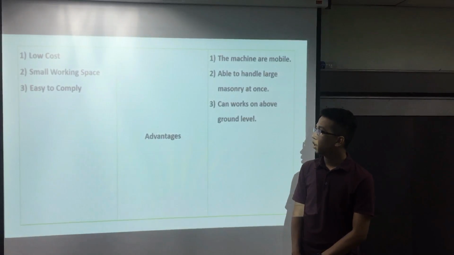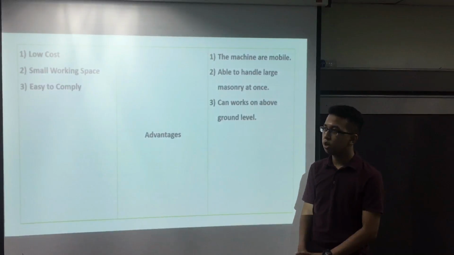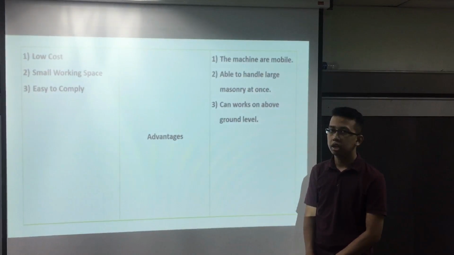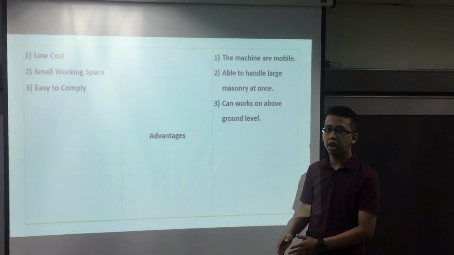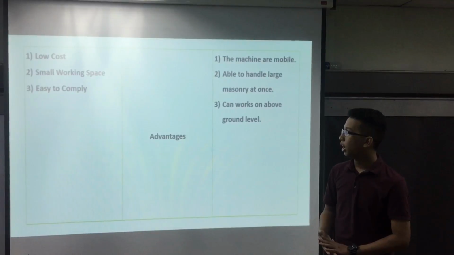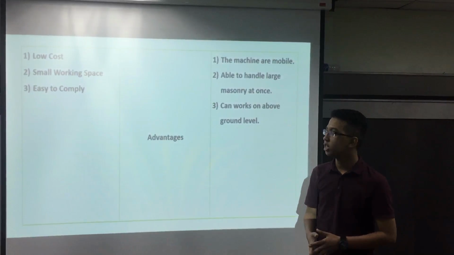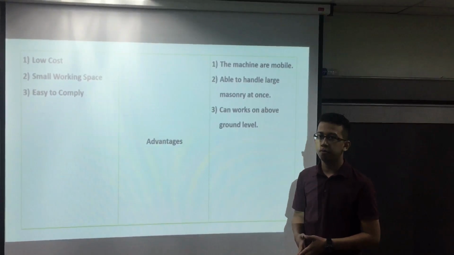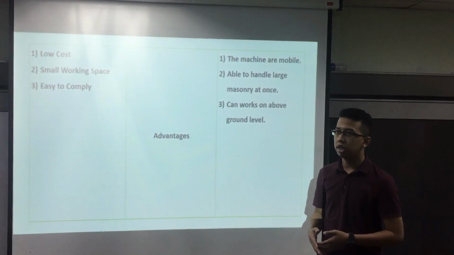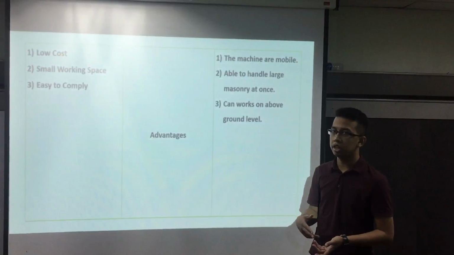Next, because of the small working space at the housing area, they chose hand demolition instead of push-arm. And the last advantage is that it is easy to comply with. It does not involve a lot of equipment, only a sledgehammer and a driller.